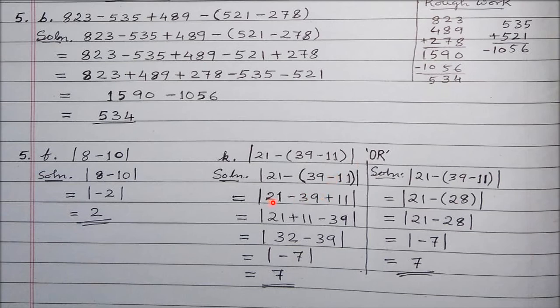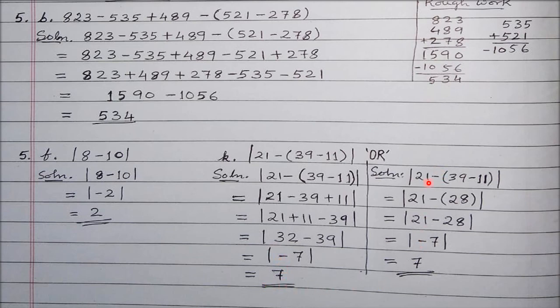Now we may regroup them. 21 plus 11, both are positive, and minus 39, the negative one, is alone. Add the positive ones, 21 plus 11, we got 32 and minus 39. Now the result of plus 32 and minus 39 is minus 7, since minus is more. Now the absolute value of minus 7 is 7, so the final answer is 7.